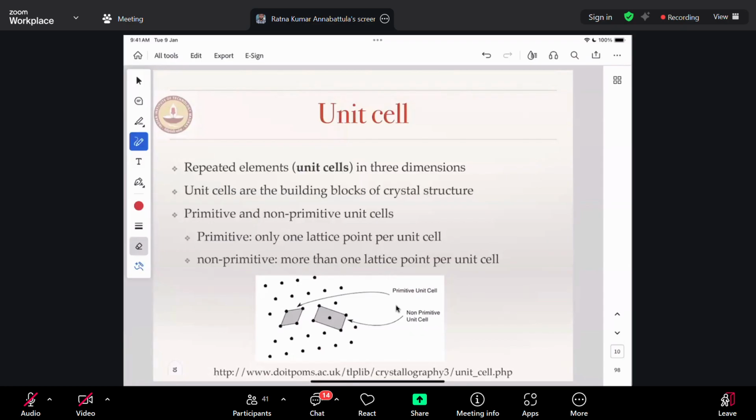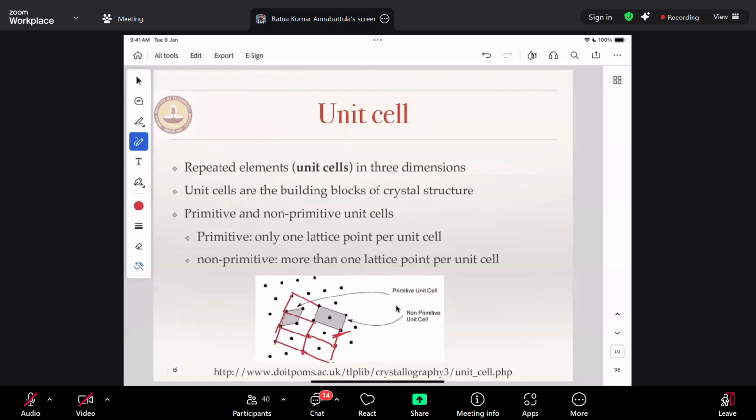So here, this is one unit cell, and this one is your second type of unit cell. This will also, when it is expanded, when it is translated, fill the space, right?